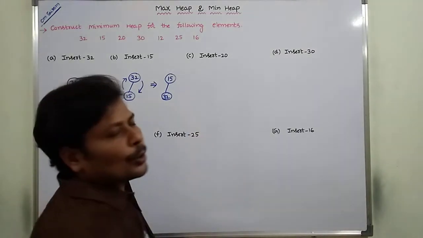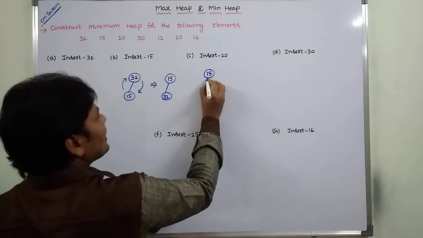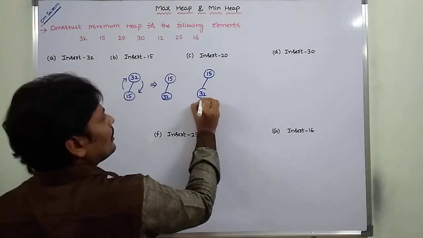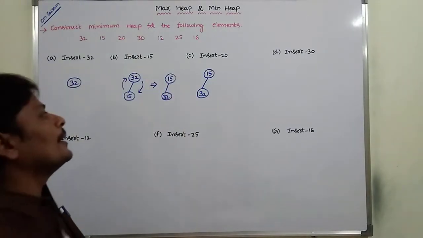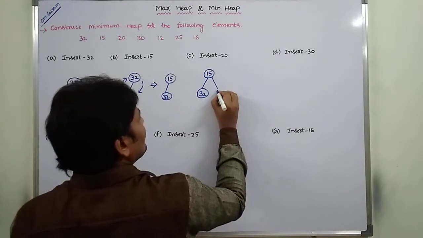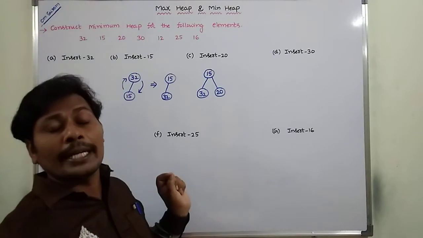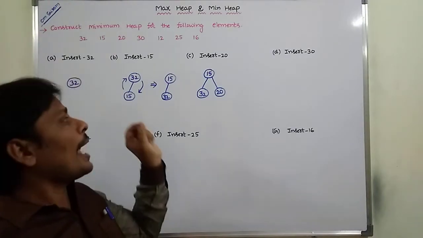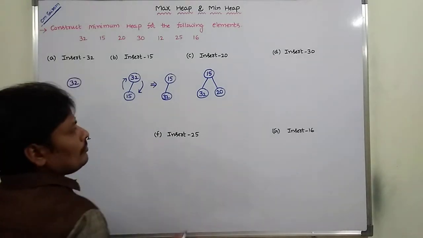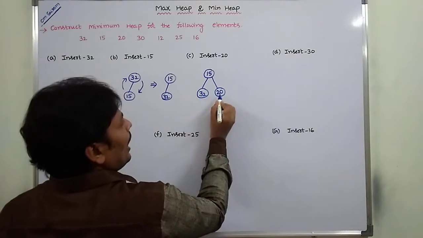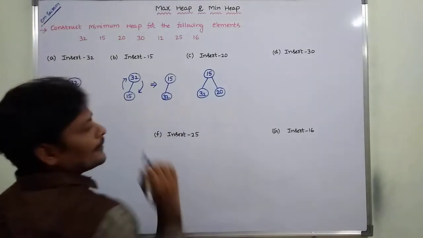Next we insert 20. Before inserting 20, the existing minimum heap is this one. Now 20 can be inserted as the right child of 15. Here we do not follow binary search tree insertion; we follow binary tree insertion. Here 32 and 20 are the children, so the parent of 32 and 20 is 15.